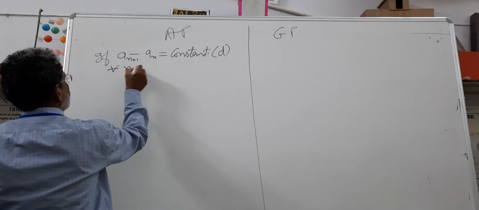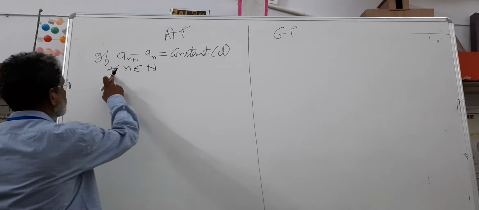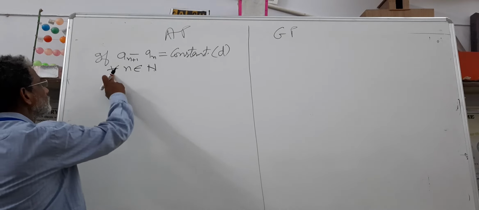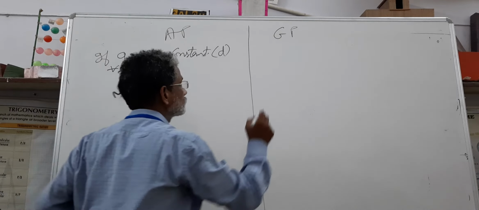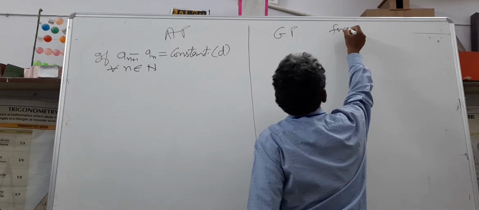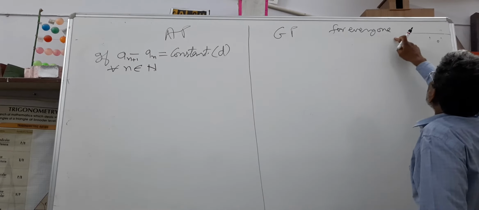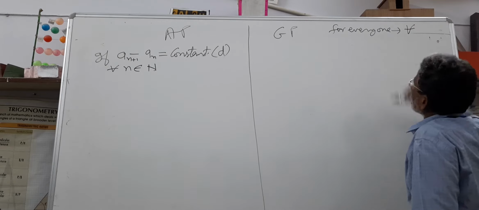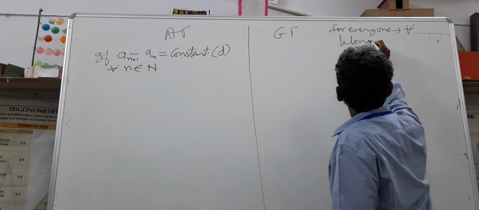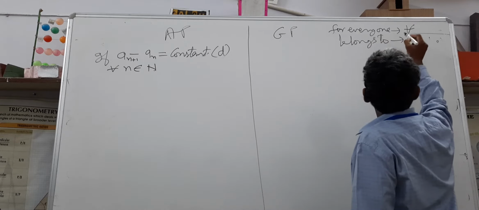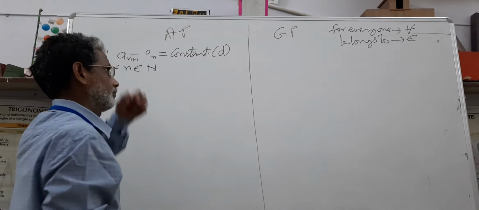for every n belonging to N, for every natural number. The word "for" is replaced by this symbol, which stands for everyone, and "belongs to" is replaced by this symbol, belongs to or contained in.